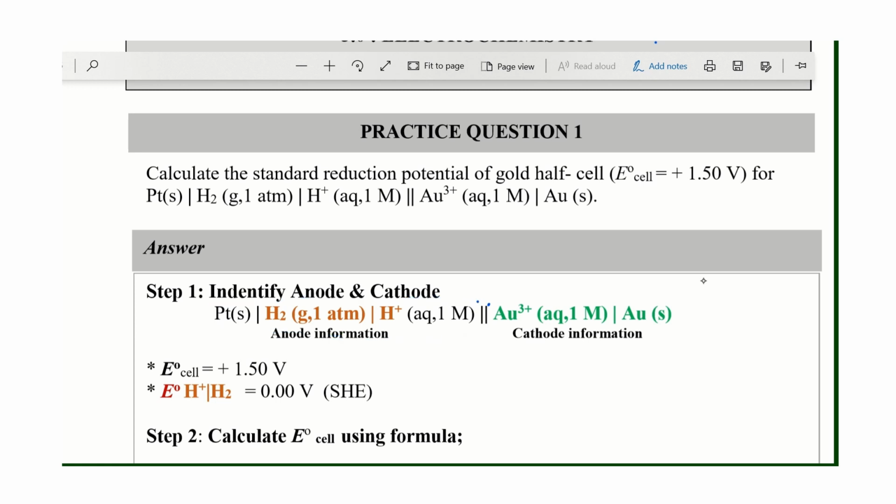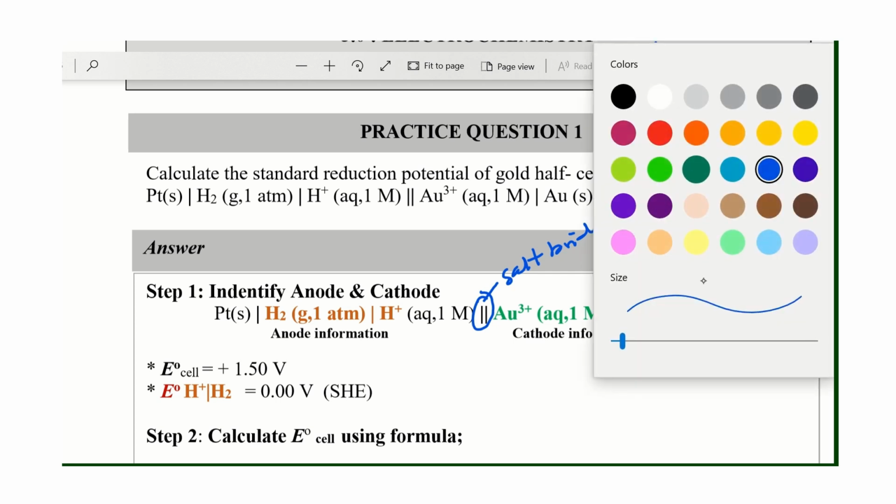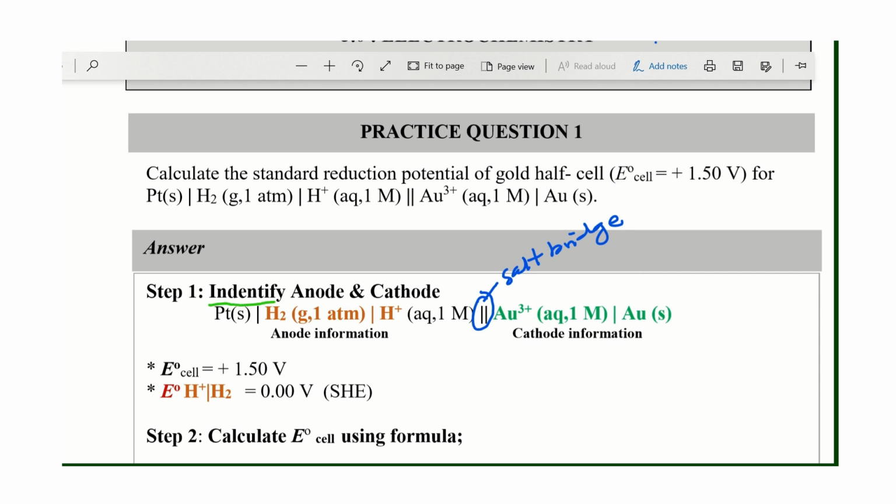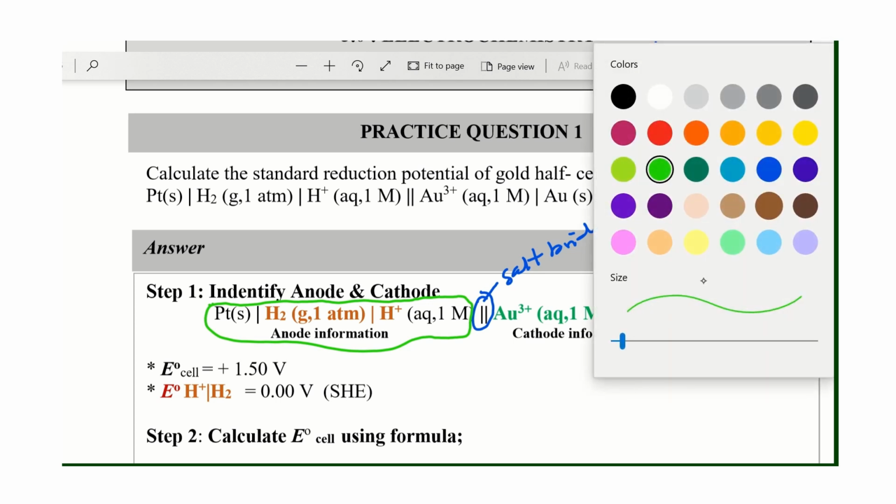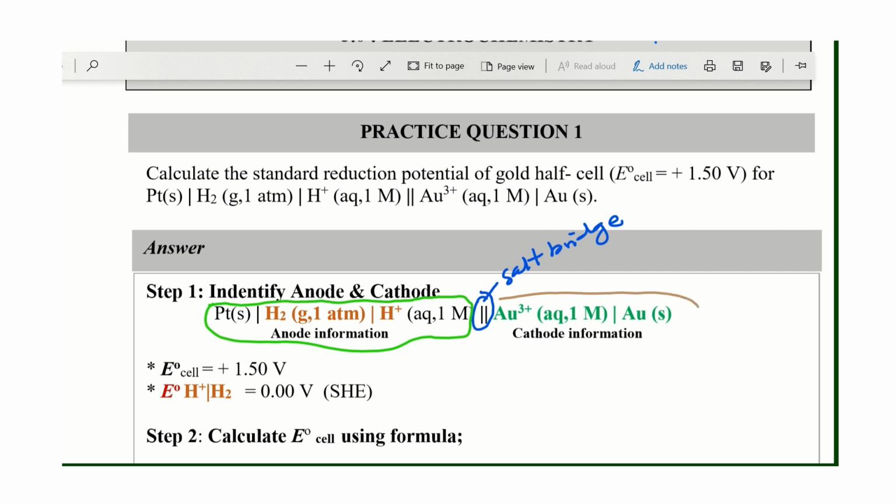The information at the left side is the anode information, and the information at the right side is the cathode information.